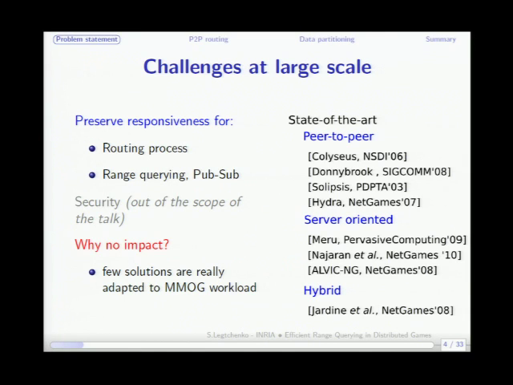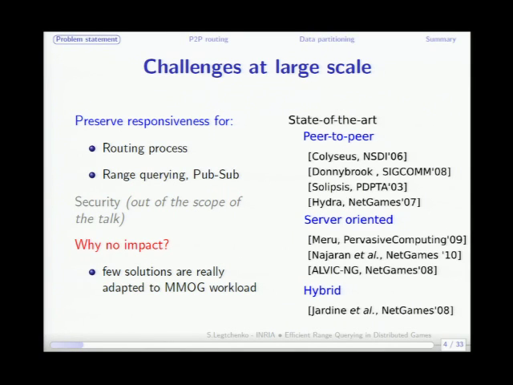Such a poor architectural choice comes from the fact that the key requirement of MMOGs, the responsiveness of the display of the area of interest, is pretty hard to ensure at large scale.